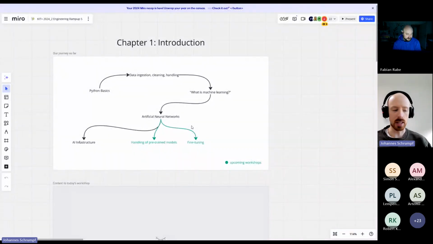Just as context for you, in the more technical part of the KT Plus program, the next workshops will be the handling of pre-trained models workshop, also given by Fabian, and the fine-tuning workshop given by Fabian and me together. Those will happen in February.